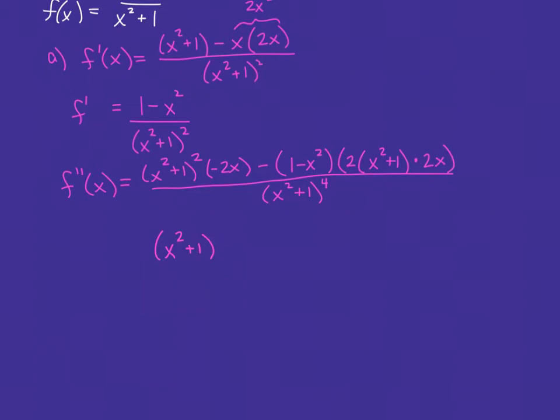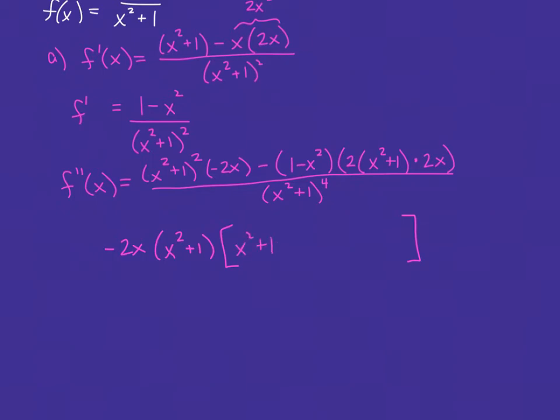Then there's also a 2 and an x that are in both of these terms, and so I'm going to factor that out as well. And it looks like both terms are negative, so I'm going to factor out a negative 2x from both. Let's see what remains in this first term after I factored out a negative 2x and one of the x squared plus 1s. I'm left with just one of the x squared plus 1s.